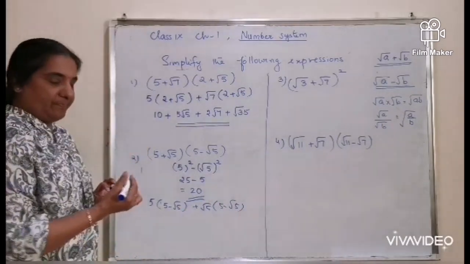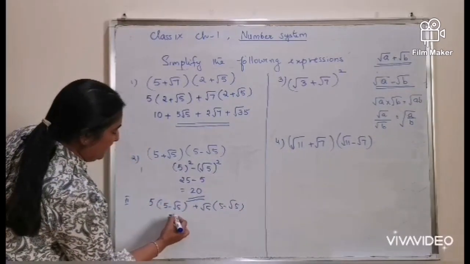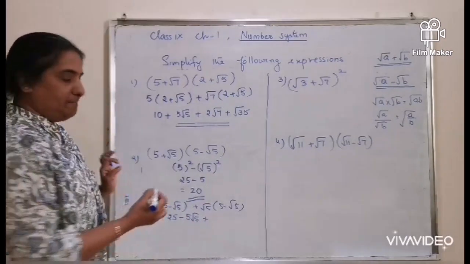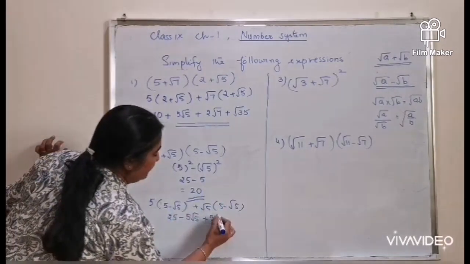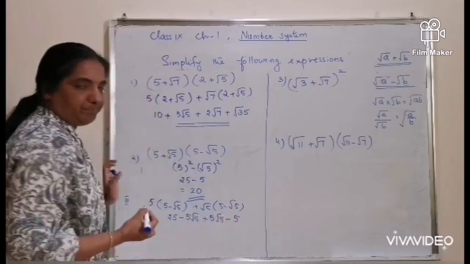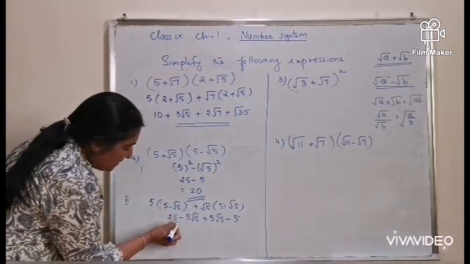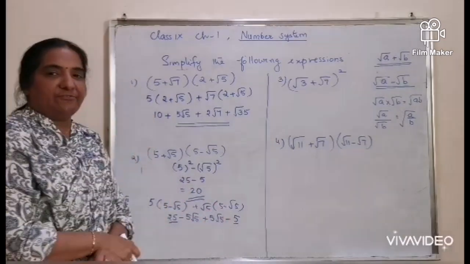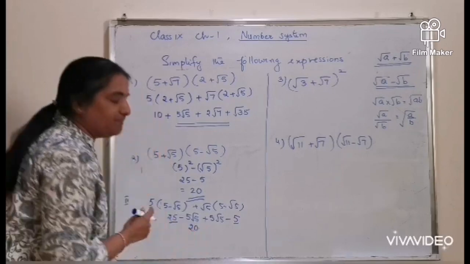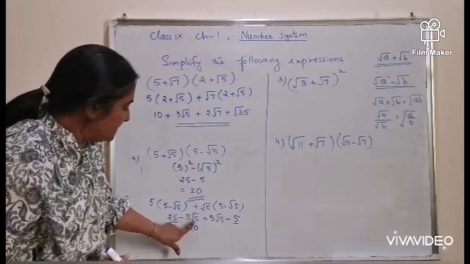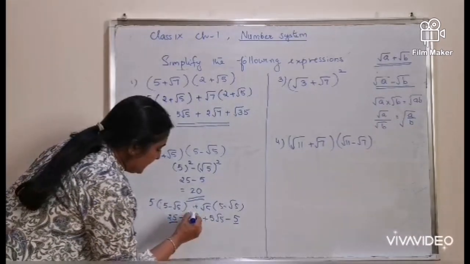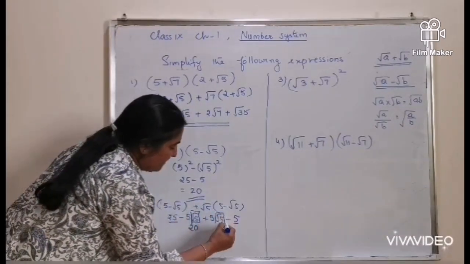5 fives are 25. 5 into minus root 5 is minus 5 root 5, plus 5 into root 5, plus root 5 into minus root 5 is minus 5. When you see here, 25 is a whole number, 5 is a whole number. 25 minus 5 is 20. Again, minus 5 root 5 plus 5 root 5, which shows that their irrational factors are the same.